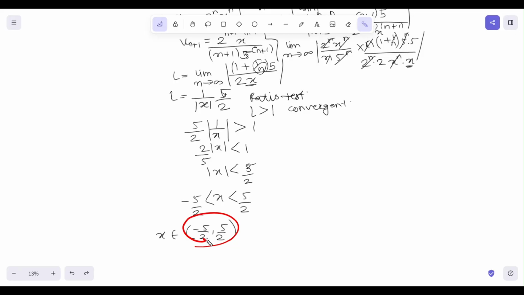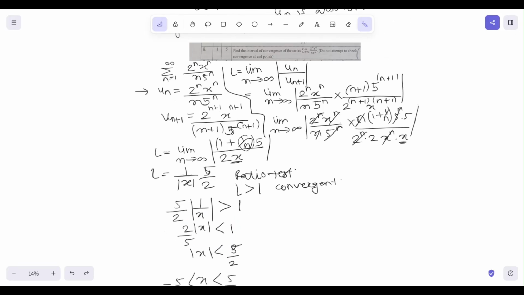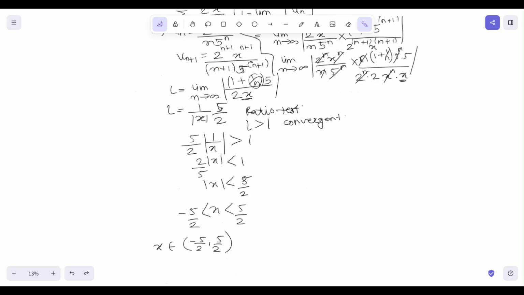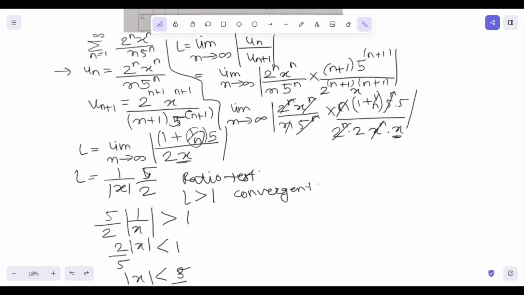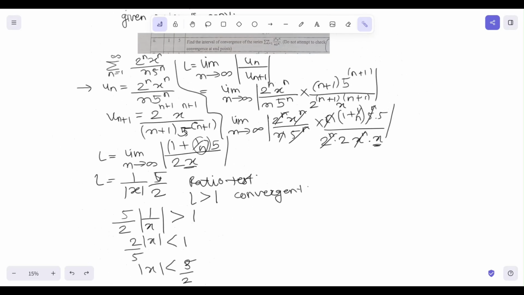So put this minus 5 by 2 in the main equation and find if it converges or not. If it is convergent, then it satisfies the endpoint. Then you can give a square bracket, or check both the points and then write the radius of convergence. So in this way, we have solved this question.